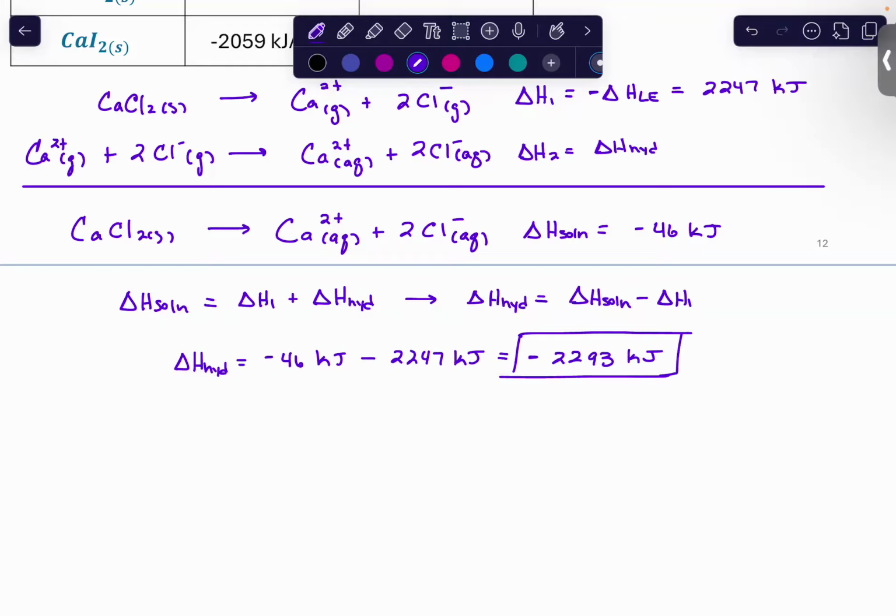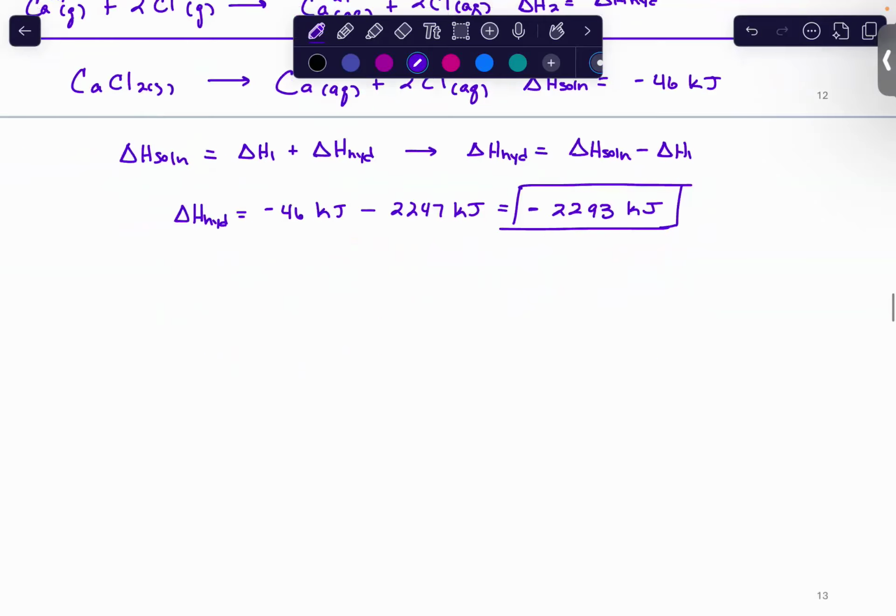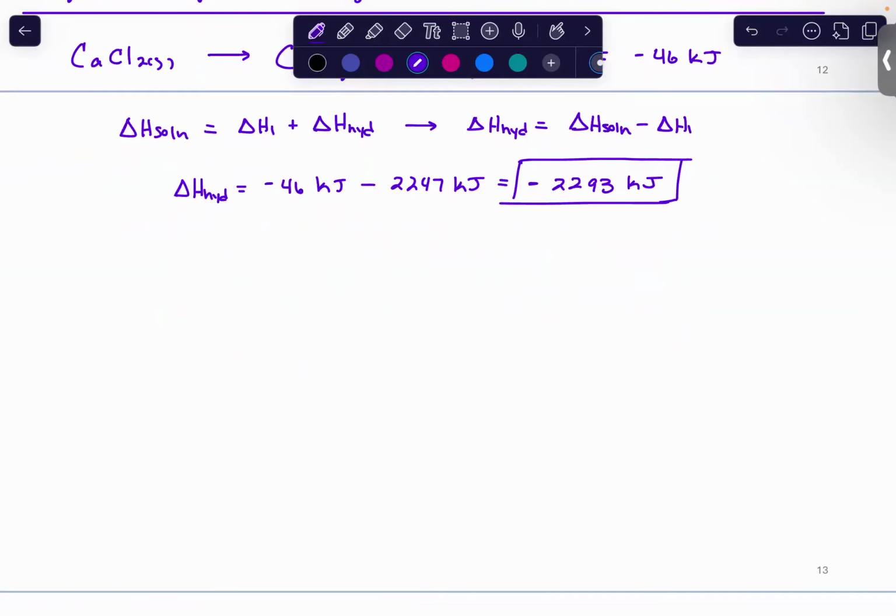So now we have to do the same thing for calcium iodide. So why do I call this calcium iodide, not calcium 2 iodide or calcium diiodide?